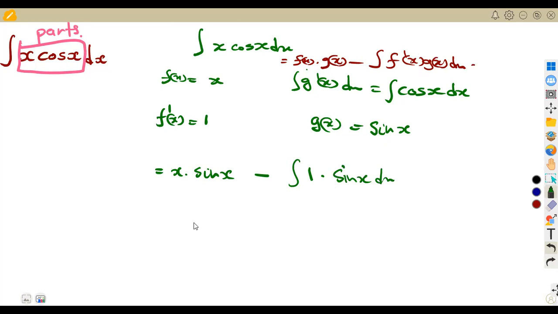So this is going to give us x sine x minus the integral of sine of x dx.